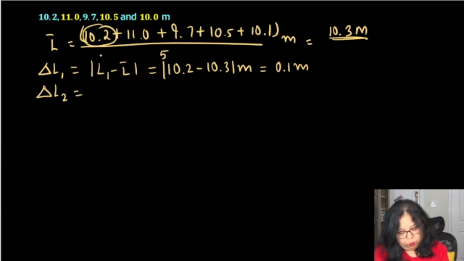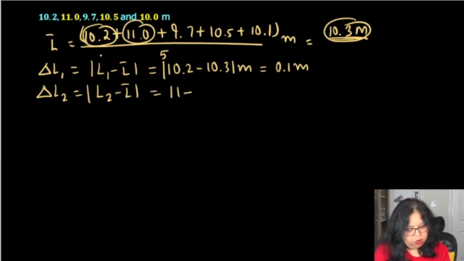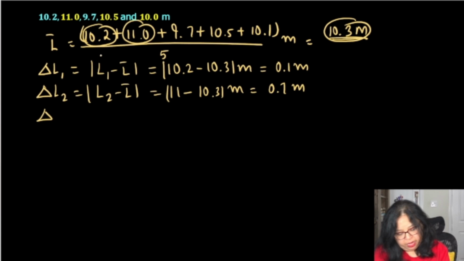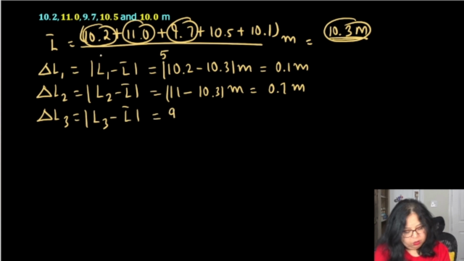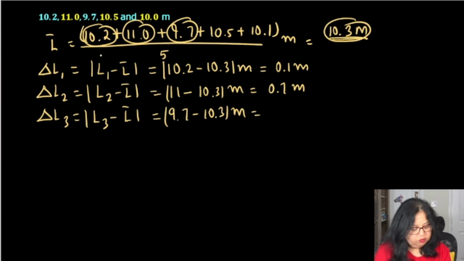Delta L2 will be L2 minus L bar. This is my L2, 11 minus, here's L bar, 10.3 in meters, 0.7 meters. Likewise, delta L3 is L3 minus L bar, here's L3, equals 9.7 minus 10.3 meters gives me 0.6 meters.